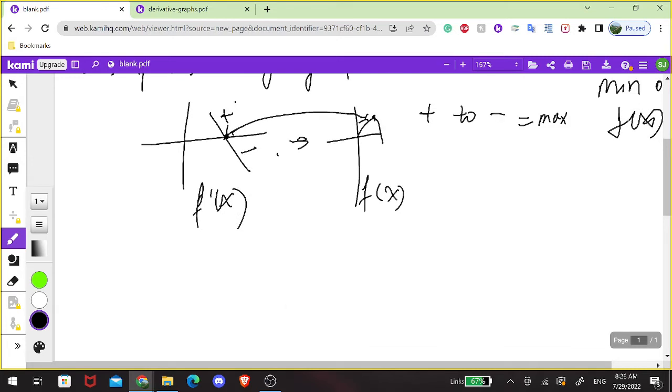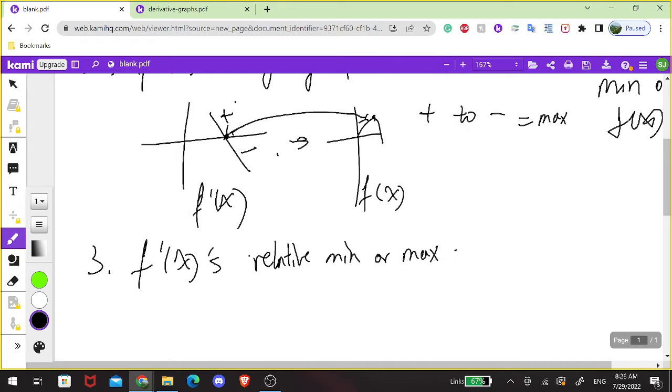Okay, third one states that f prime of x relative min or max is equal to a point of inflection on f of x.